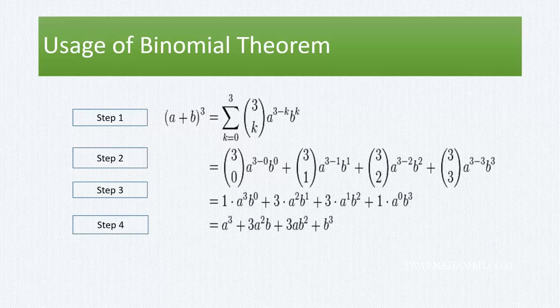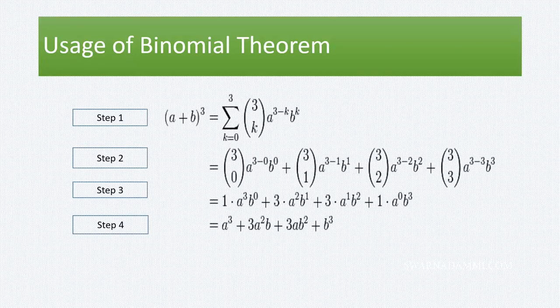In step 2, we have used the binomial theorem previously discussed and we substitute the figures as the given binomial, in here, (a plus b) to the power 3.